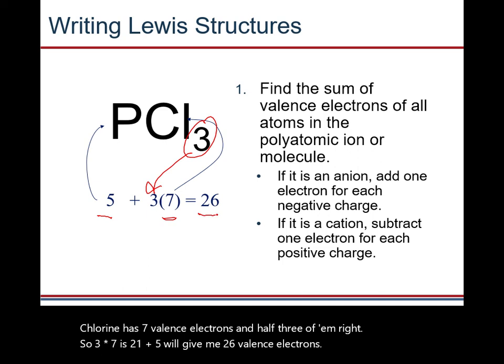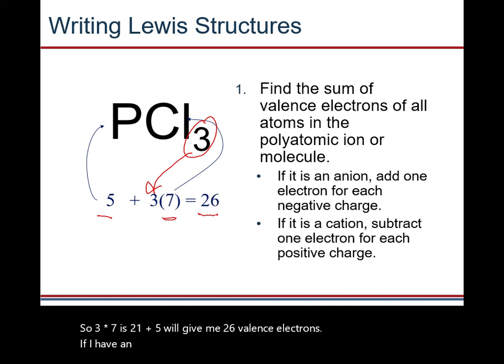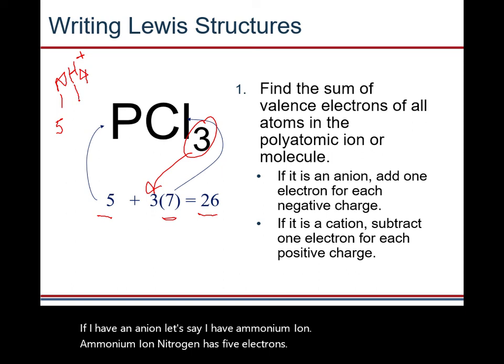Now let's say I have a cation, the ammonium ion. Nitrogen has 5 electrons. Hydrogen has 1 electron, and I have 4 of them.